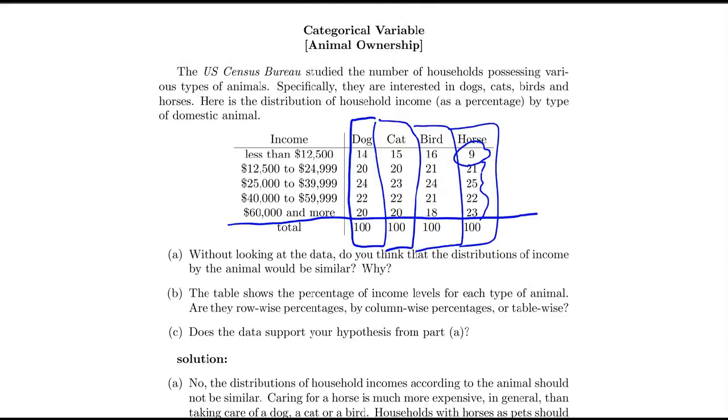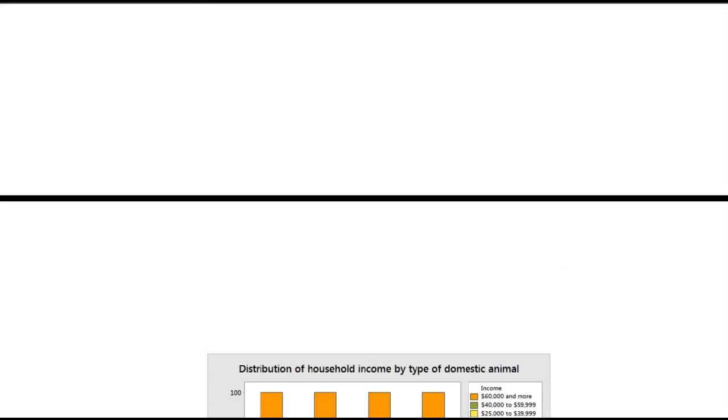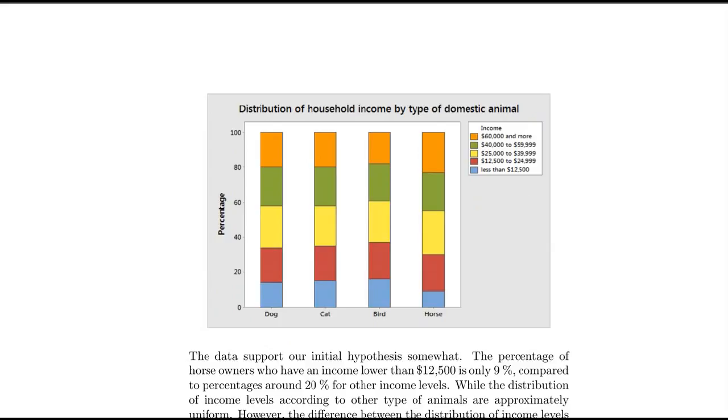And so here we could also see it if we look at the solutions and look at a stacked bar chart. And here we see that for dogs, cats, and birds, the distribution for income is more or less uniform, so they're very similar. So we would say that there's actually no relationship between income and type of animal.